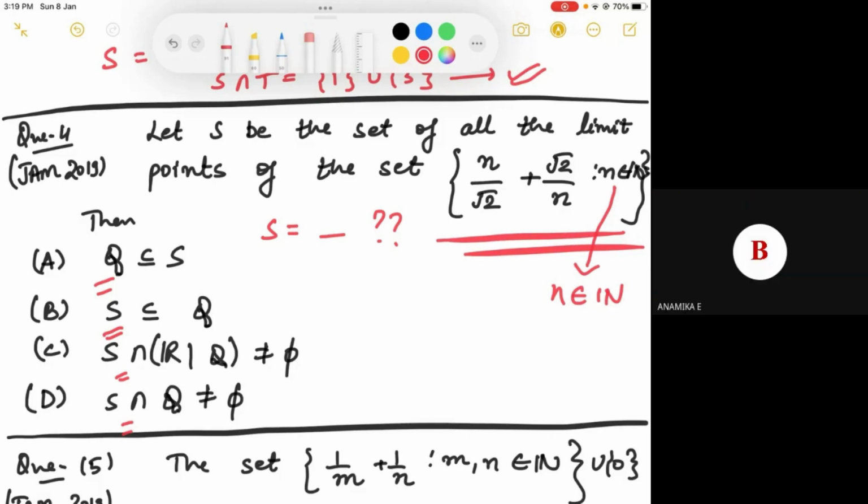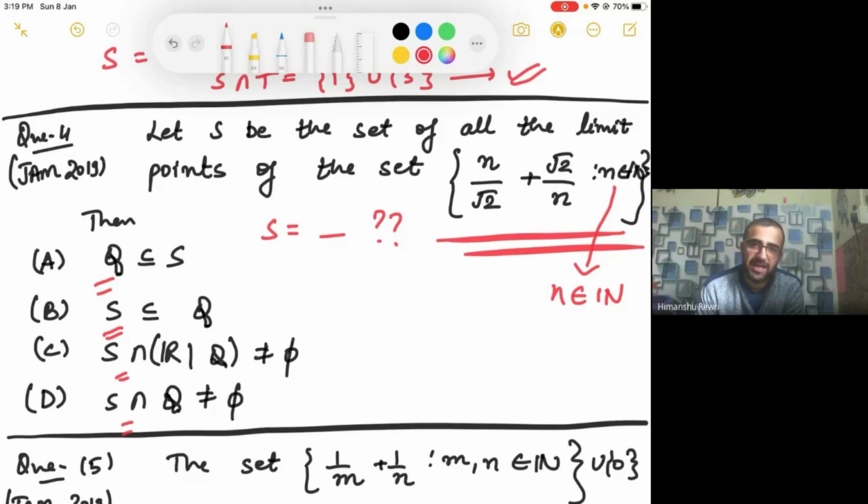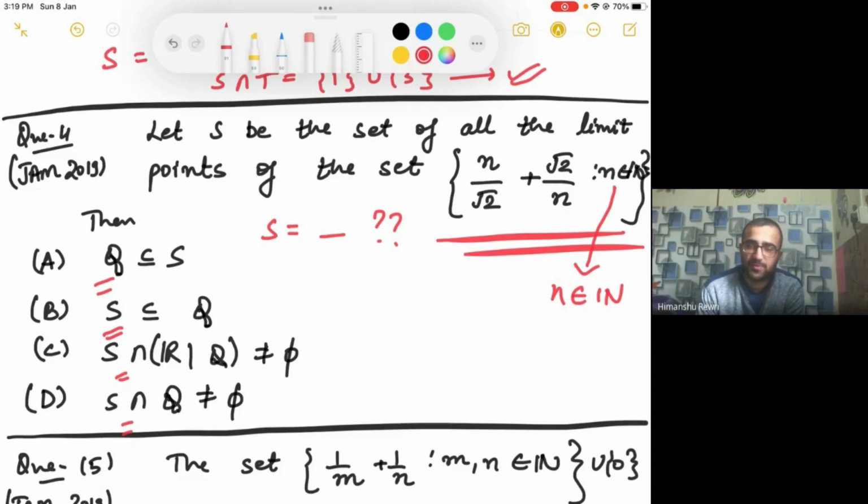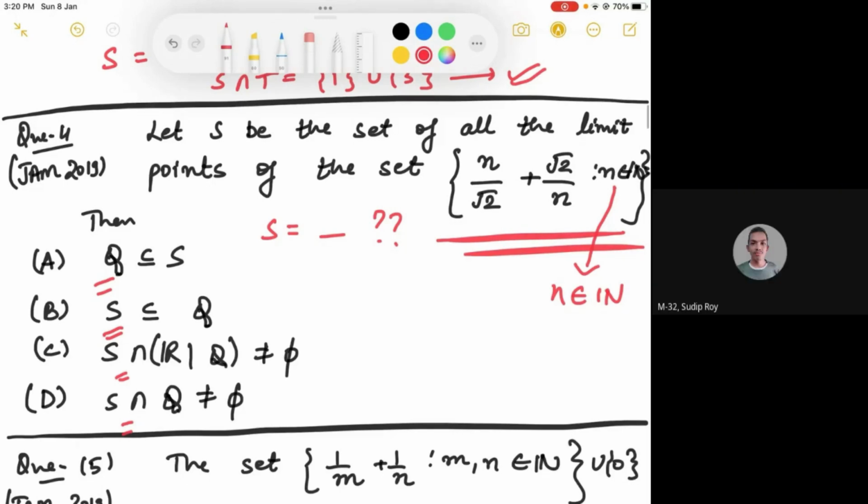You said that it is countable. How? Because n is a natural number, right? Okay, sir. So for putting the values of n, we have... I think sir S is 5.